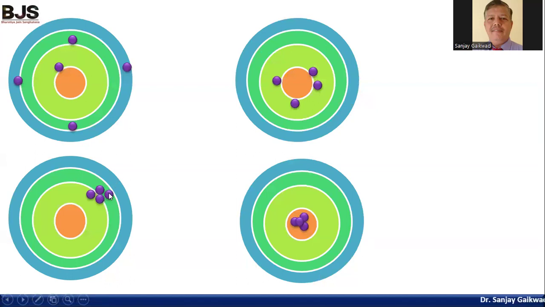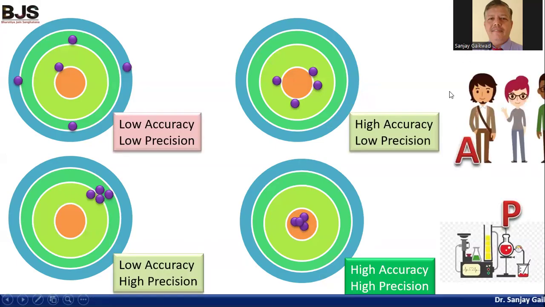Some results are very near but not accurate, and some results are accurate as well as clear and repetitive. In such cases, we can understand that the errors may be observed with low accuracy, low precision; high accuracy, low precision; low accuracy, high precision; and high accuracy, high precision.